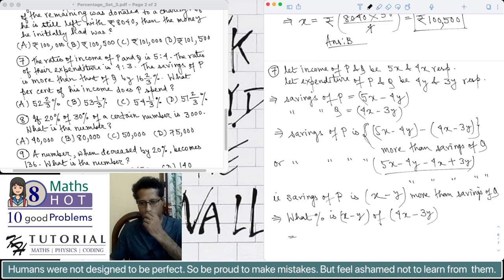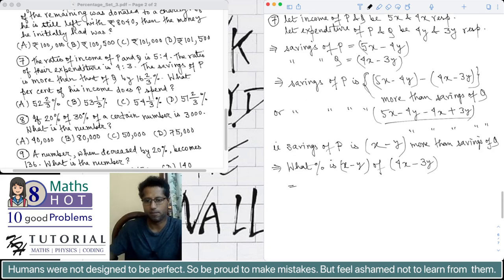This will be equal to, if we ask what percentage is x minus y of 4x minus 3y, x minus y divided by 4x minus 3y multiplied by 100.